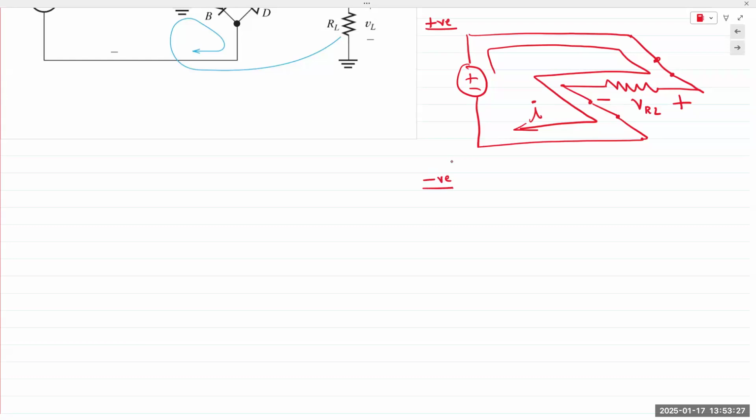All right. So negative half cycle. Polarities are reversed. Now C and D are on and A and B are off. The result being the same.